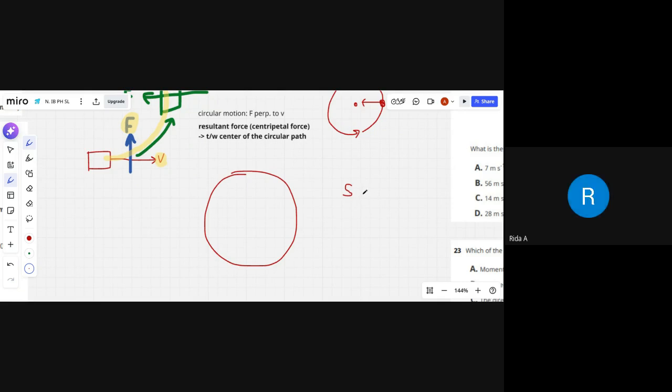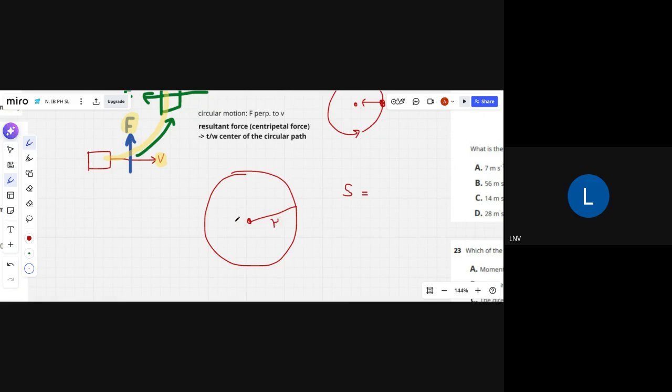And that is equal to, so the actual distance is your circumference, right? And the distance from the center to the boundary, or center to circumference, is your radius. Is that clear?